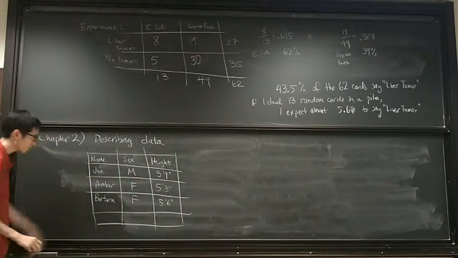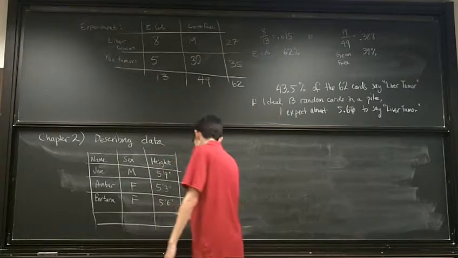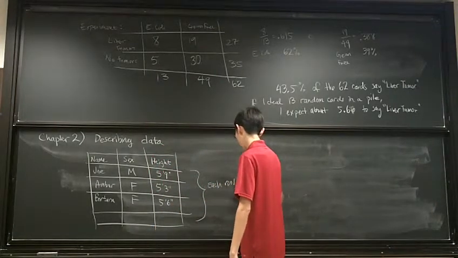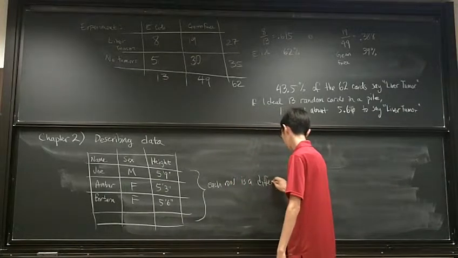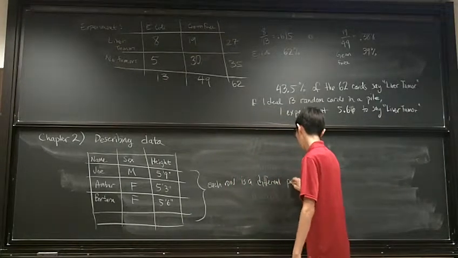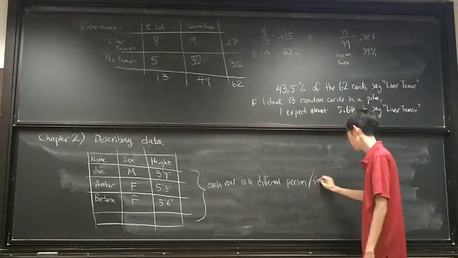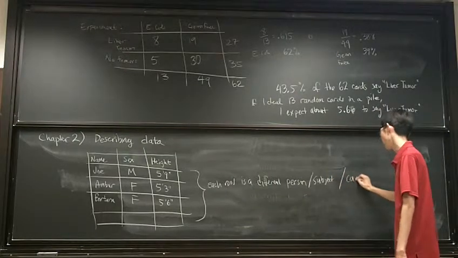Okay. So we go on, and this is how our data could be collected. Each row is a different person, or sometimes we'll call this a subject, or sometimes we'll call this a case.